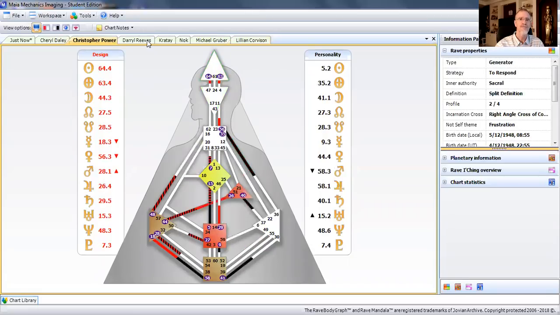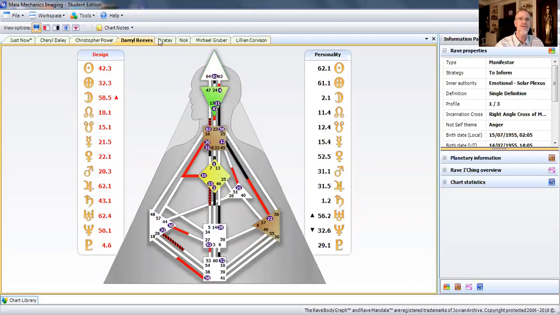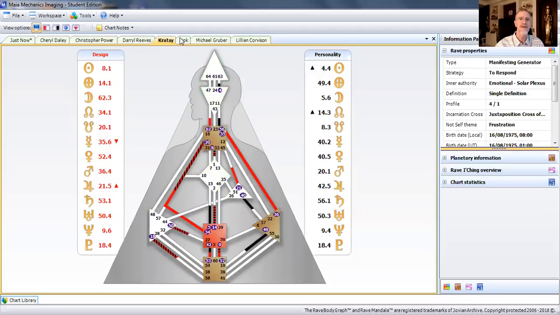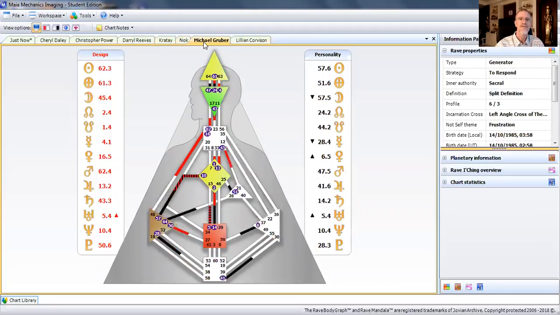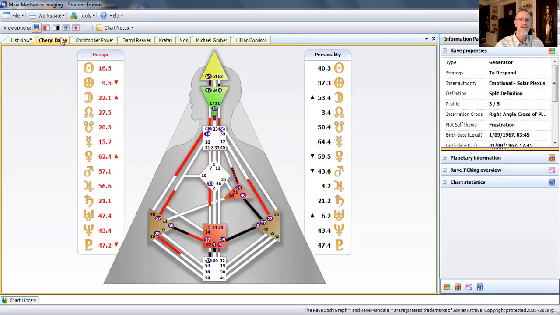And this is why. Let me see if I can find someone who's really connected there. No, it's the one we didn't have. Well, let's look at this one. Look at Gate 25. Where does it go? It goes into this thing called the Will Center.